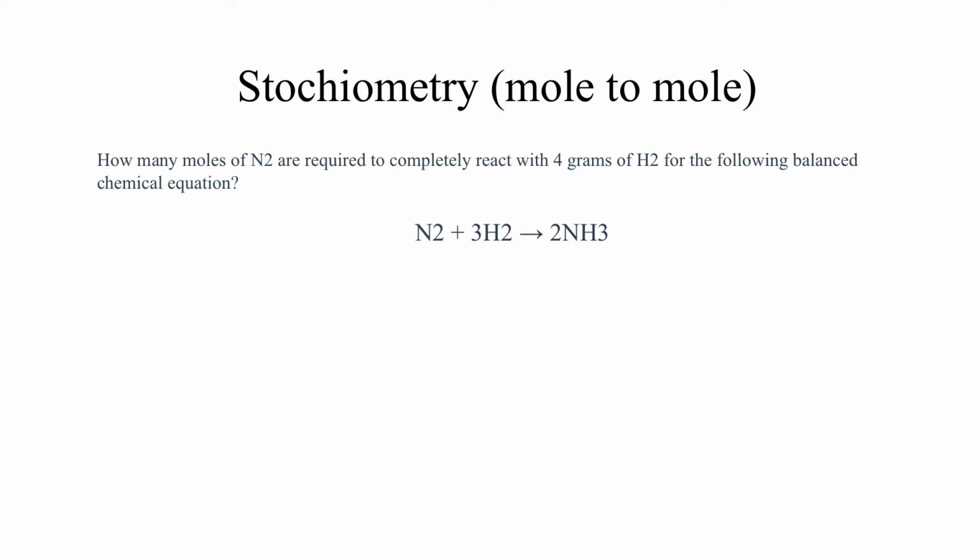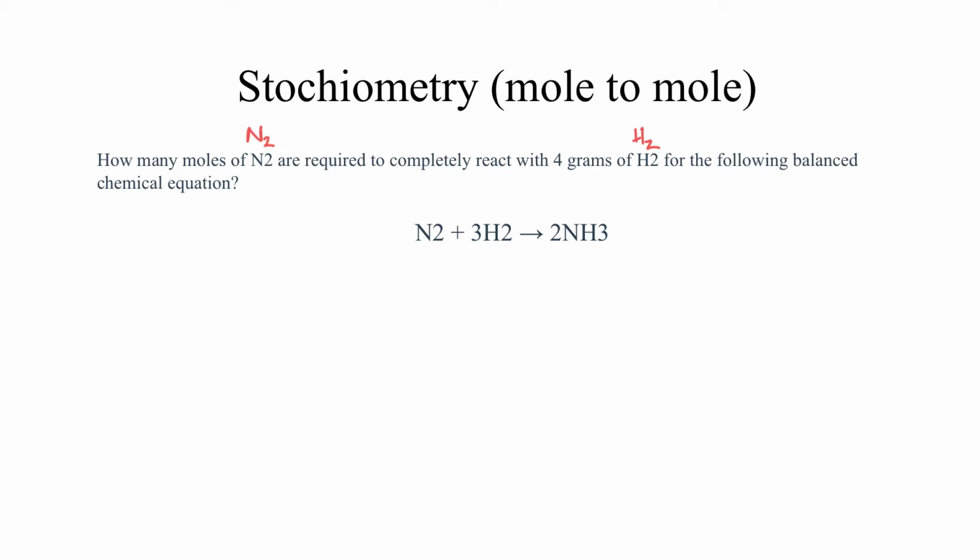And so here's our first problem. It says how many moles of N2, and of course N2 should be written with a subscript, it just didn't come out like that. So how many moles of N2, which would be nitrogen gas, are required to completely react with 4 grams of H2, which is hydrogen gas, for the following balanced chemical equation.